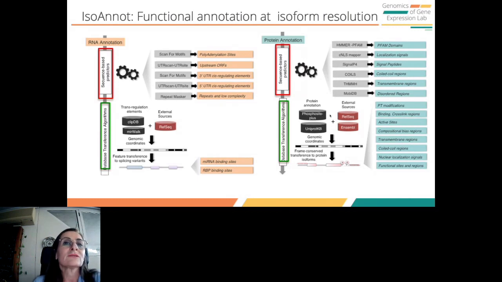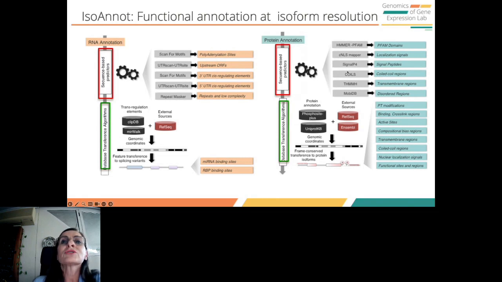What are the different functional sites? We do that at the RNA level with things like polyadenylation sites, open reading frames, and whether there are cis-regulatory elements at the UTRs. We also annotate microRNA binding sites and the binding sites of RNA binding proteins.